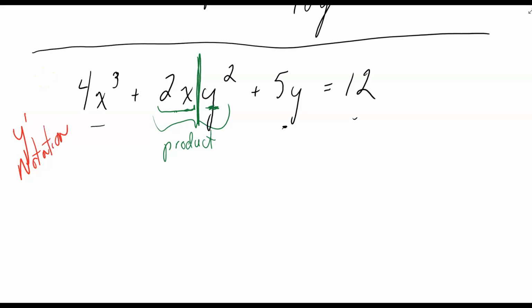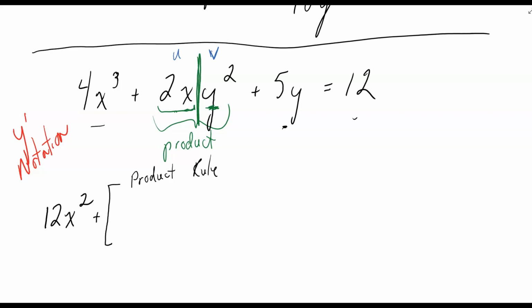So the derivative of the first term, 3 times 4 is 12x squared. It's already an x, no need to multiply by y prime. Plus, now I'm going to bracket this just to have it separate from everything else. Product rule right here. So this is my u and this is my v.